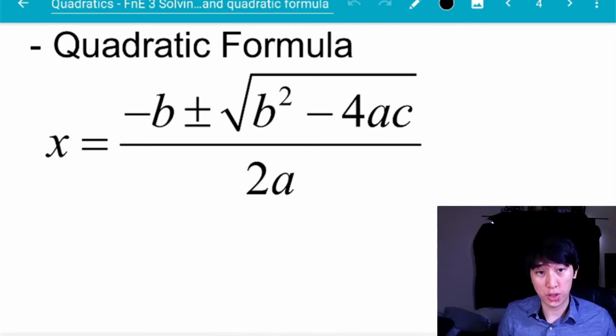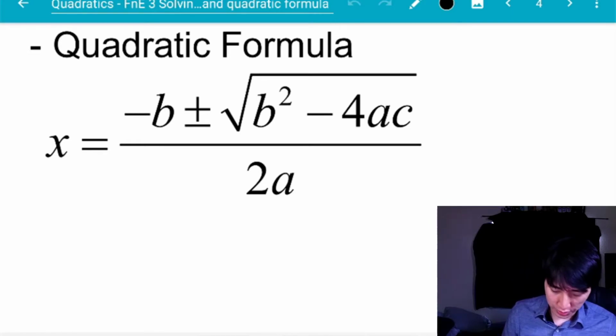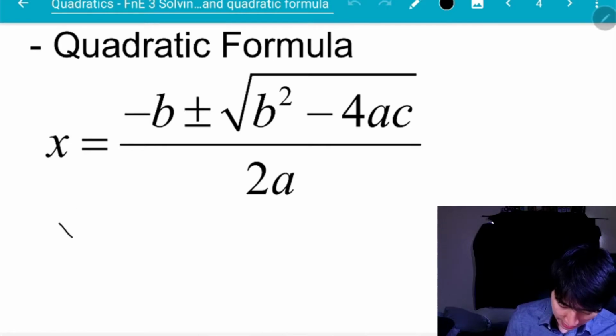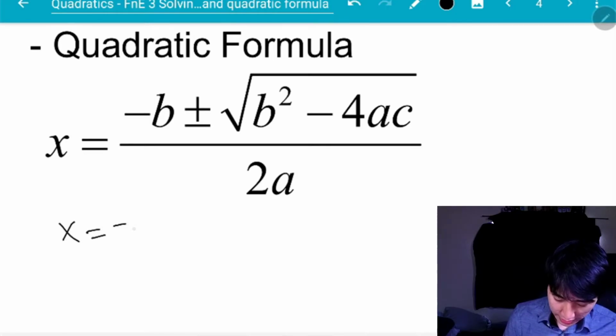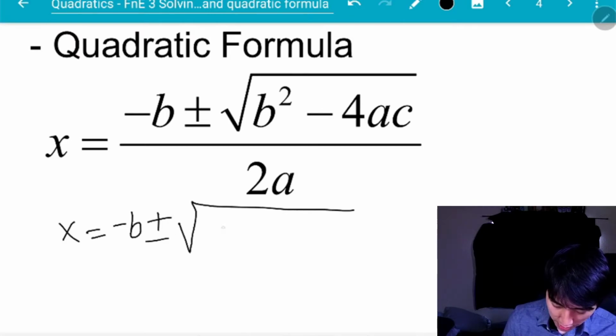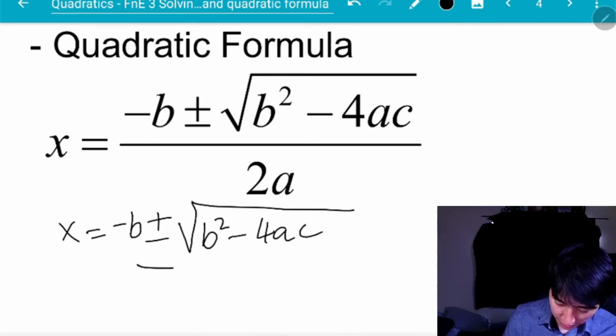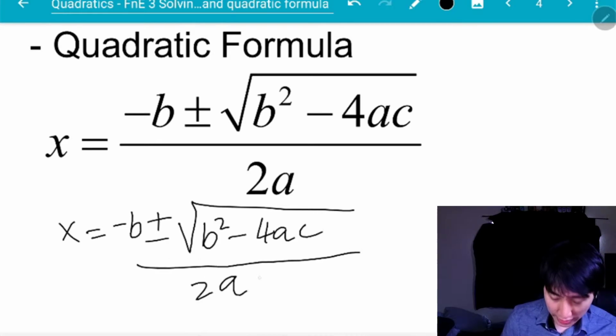This is with a little song that I created that I use because you sing it as you write it. So when you write it, it goes like this: x equals negative b plus or minus square root b squared minus 4ac divided by 2a.